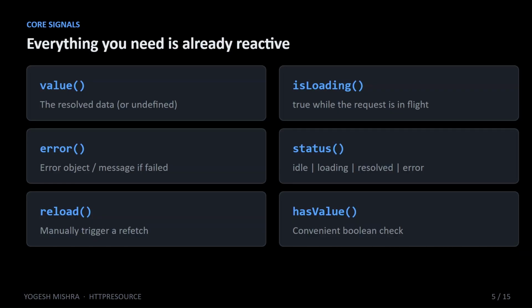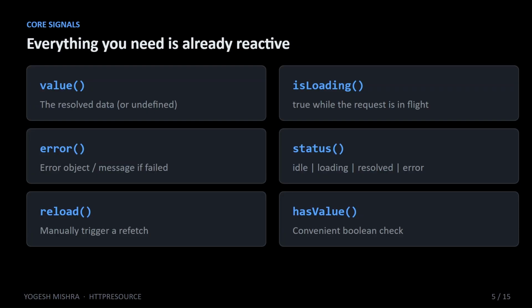Core signals. Let's understand the main signals you get from every resource. Value, which is the actual data or undefined while loading. isLoading, true while the request is in flight. Error, the error if the request failed. Status, which has 4 options: idle, loading, resolved, and error.